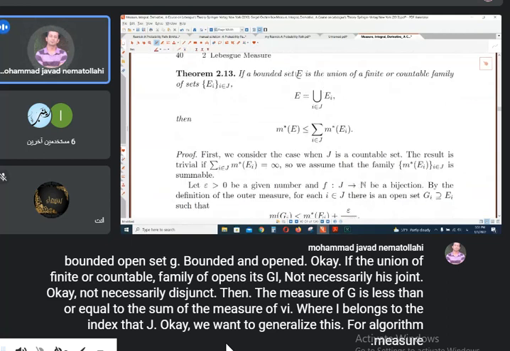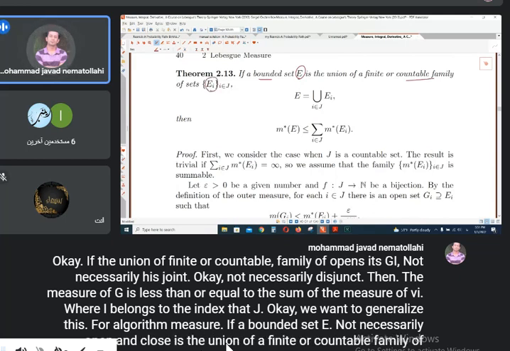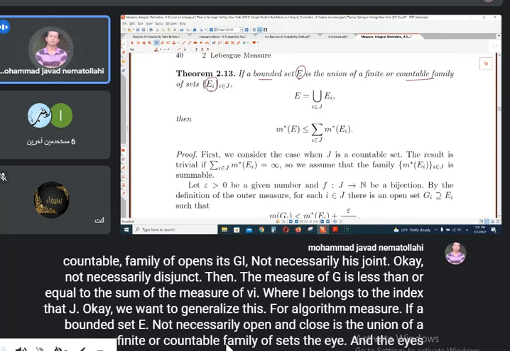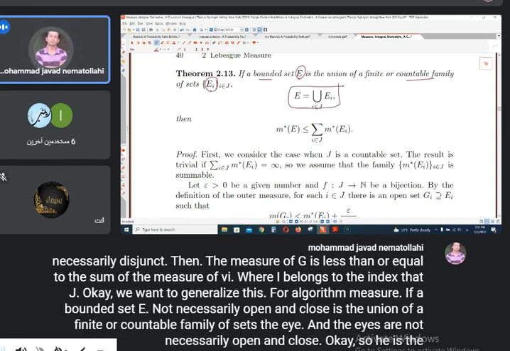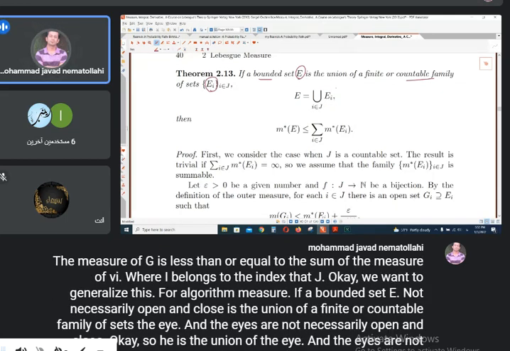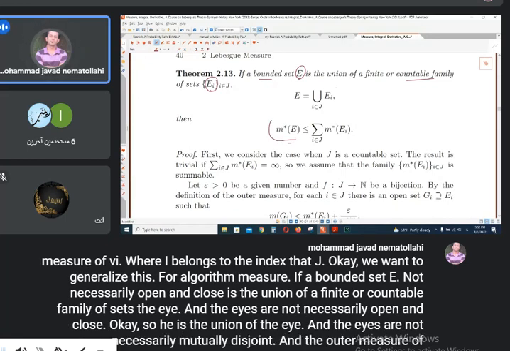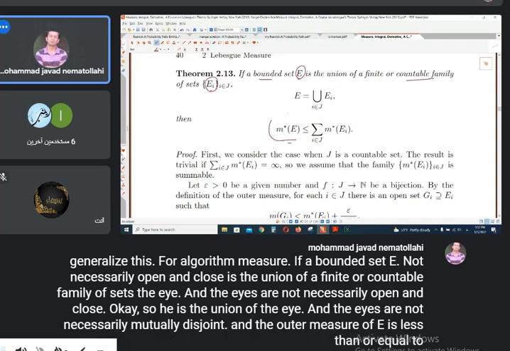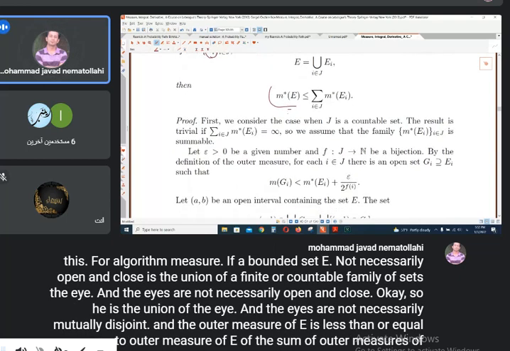If a bounded set E, not necessarily open or closed, is the union of a finite or countable family of sets Ei, and the Ei are not necessarily open or closed, so E is the union of Ei, and the Ei are not necessarily mutually disjoint, then the outer measure of E is less than or equal to the sum of outer measures of Ei.